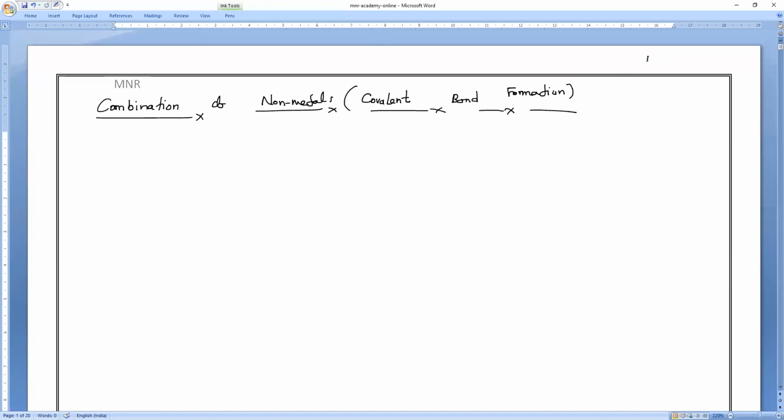First, one has to donate electrons and another has to receive or accept electrons. This is what we call an ionic compound. The third one is only by sharing of electrons. This is what we call the covalent one.